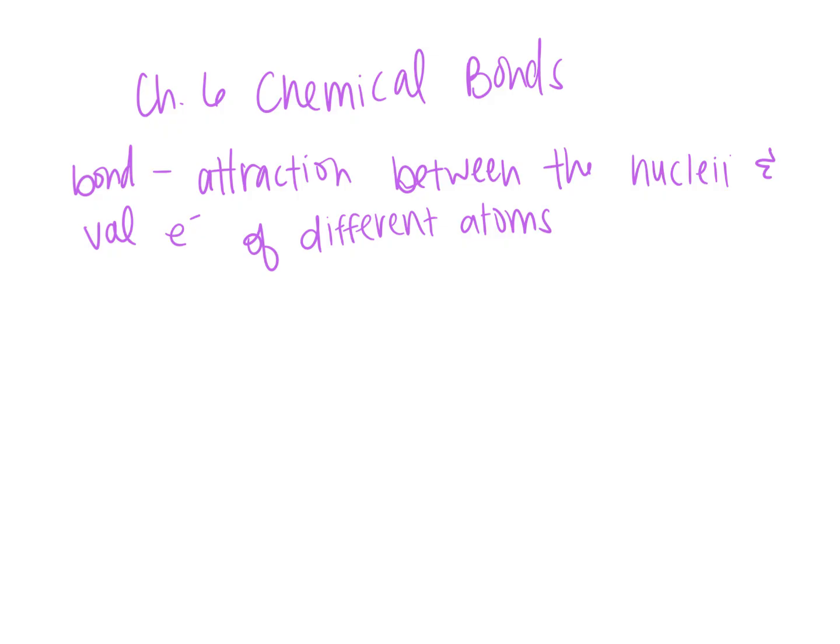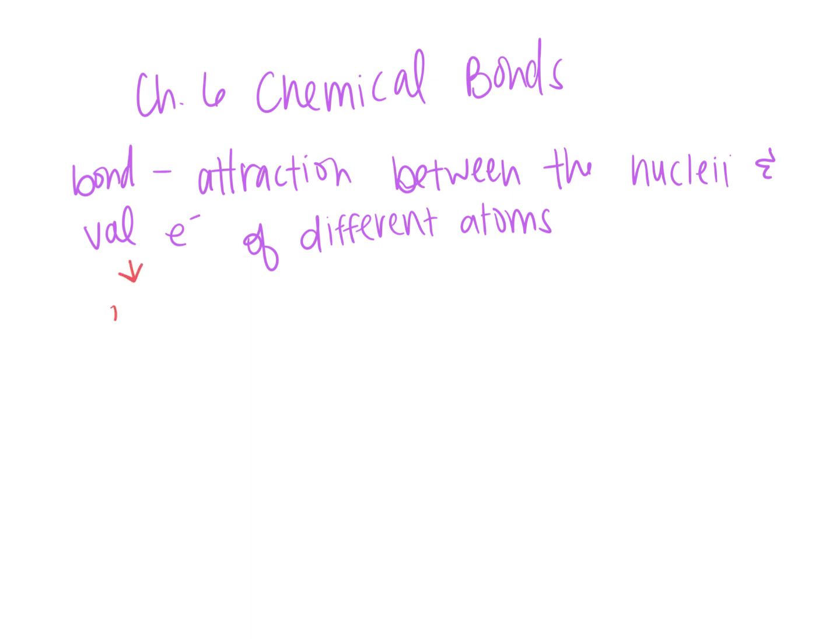Now, when I say that phrase, valence electrons, is that ringing bells? Is it a term that we've heard before? What does valence electron mean? Are they the inside electrons or the outside electrons? Outside electrons. Valence electrons, let's write that in if we're not sure.